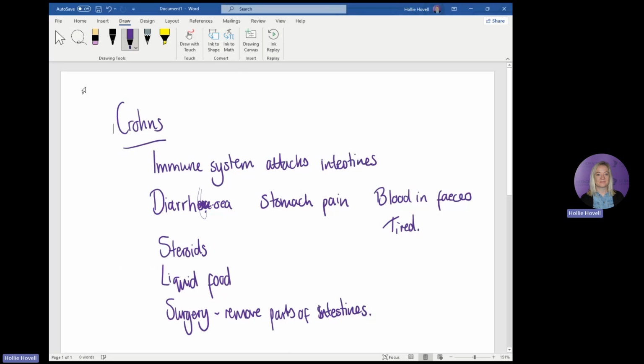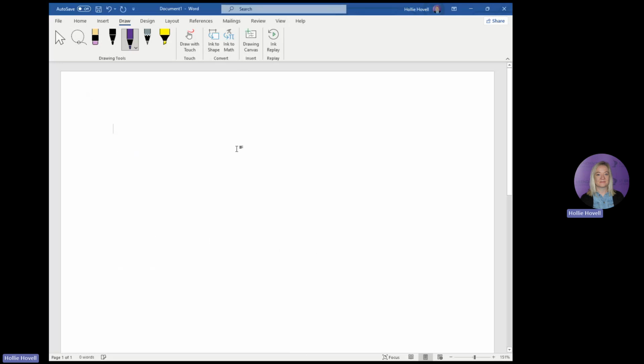Okay, one more to go. The last one we're going to look at is arthritis, and the fancy name for this is rheumatoid arthritis. Checking the spelling again. Rheumatoid arthritis. Okay, so arthritis, you might know, makes your joints really stiff. They swell up. Sometimes if you've got arthritis, you might notice people have really swollen hands.